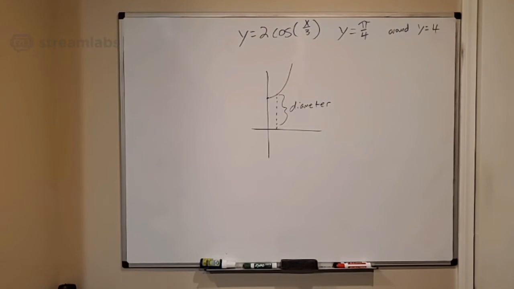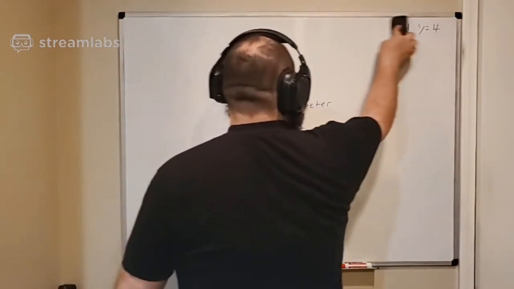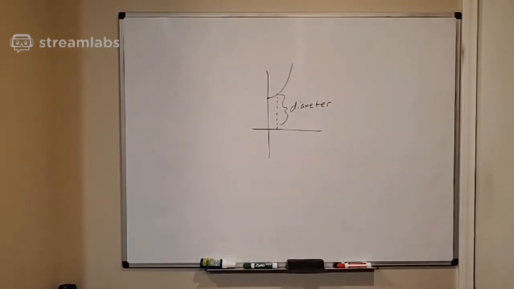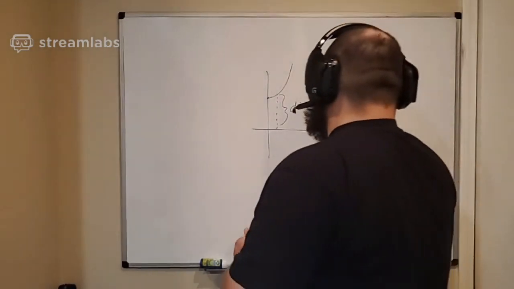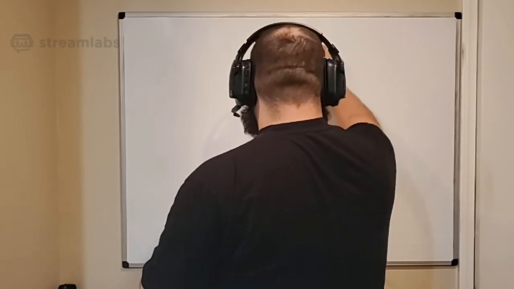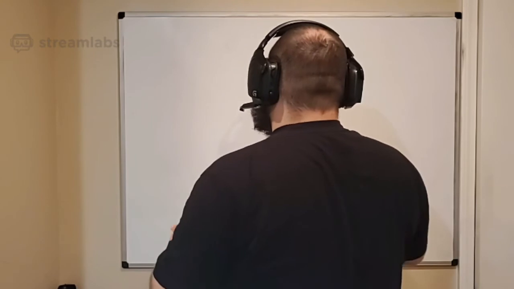So you have the graph. That's the graph of secant x. Where do I stop? Hold on. X equals pi over 4. What's cosine of pi over 4? Square root of 2 over 2. So it's going to be like that.